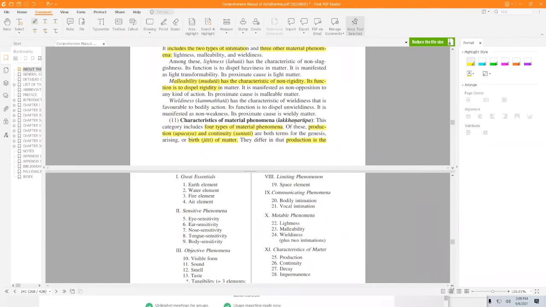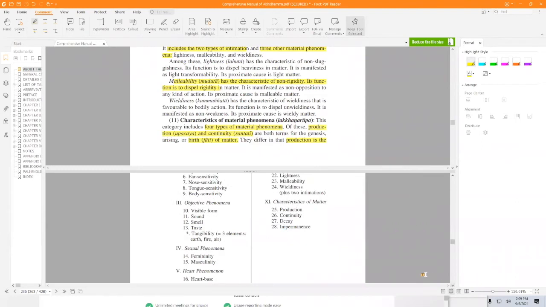Okay, then going on, finally, we have a group called the characteristics of matter. We have four components within this group: production, continuity, decay, and impermanence.